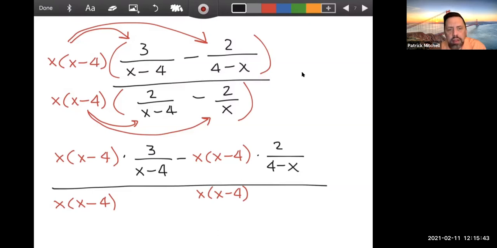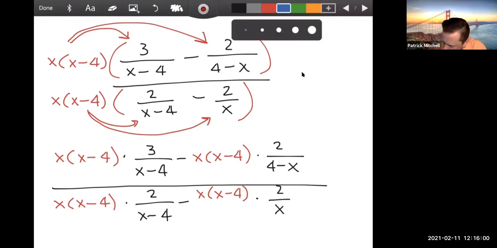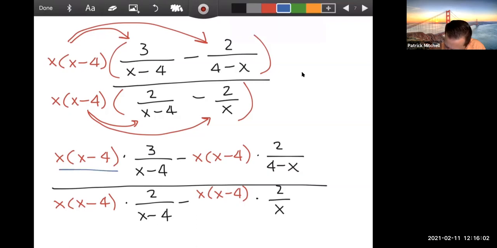These problems do tend to take up a fair amount of space. Okay, so what I would recommend you do now is put those x minus 4s over 1 if that's something that you tend to like to do.